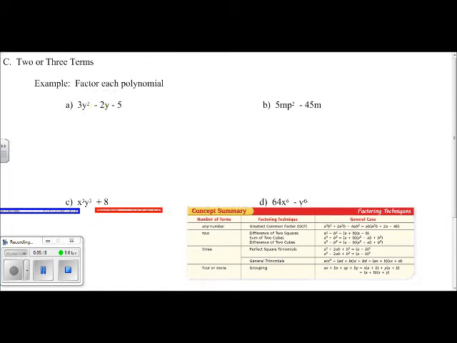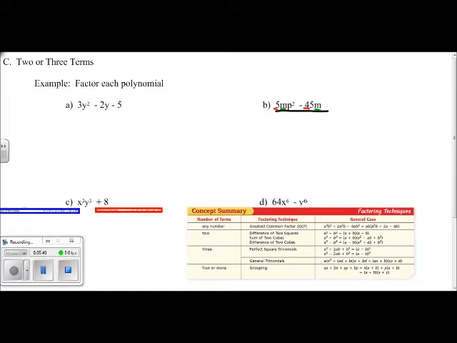Now, if we wanted to look at our second example here, we have 5m p squared minus 45m. The first thing, remember, we want to do is always see if we have a greatest common factor. And it looks like in both cases we have a 5 that we can take out of the coefficients, and we also have an m to the first power.